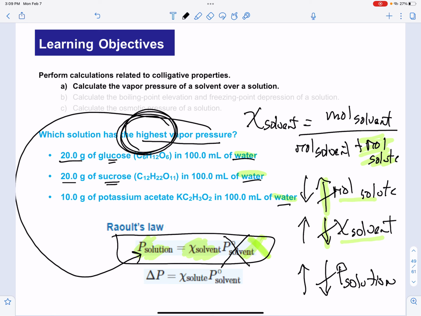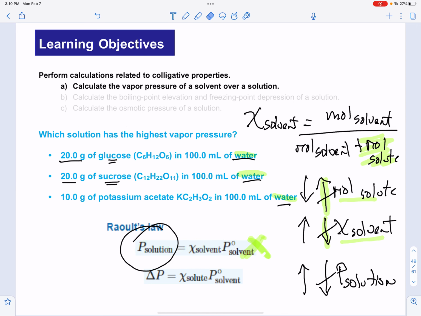The smaller the amount of solute, the smaller the denominator, so the bigger the mole fraction of the solvent gets. The bigger the mole fraction of the solvent gets on the Raoult's law, the bigger the pressure of the solution is going to be. So we're looking for the situation that gives us the smallest solute. So let's do that. We're looking for the smallest solute.